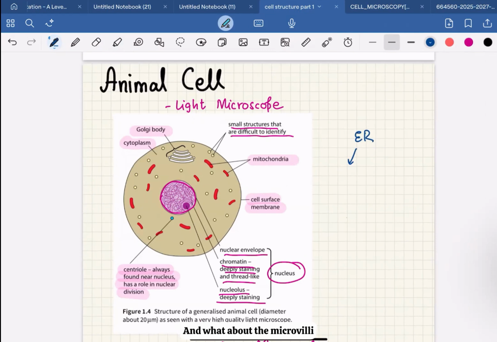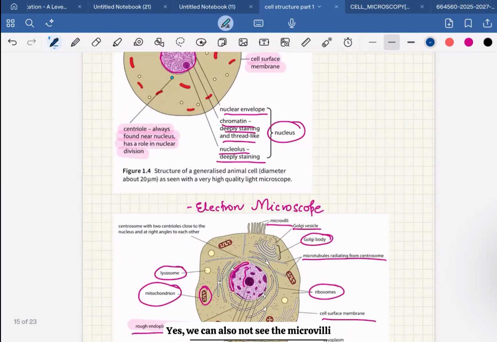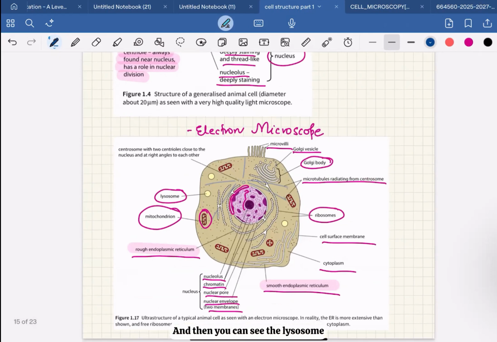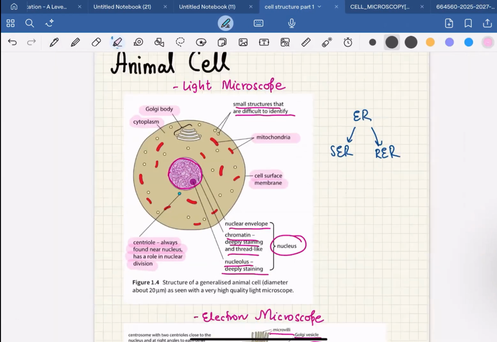And what about the microvilli? You can't see them in the light microscope either. We are coming to this as well. And then the lysosome is also not visible to you in the light microscope.